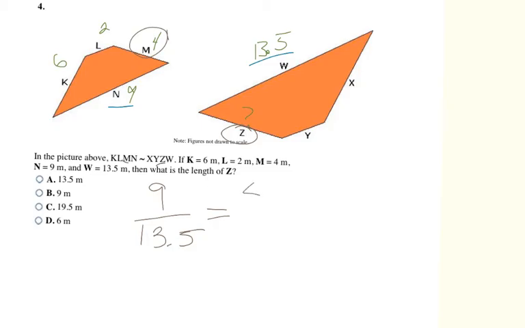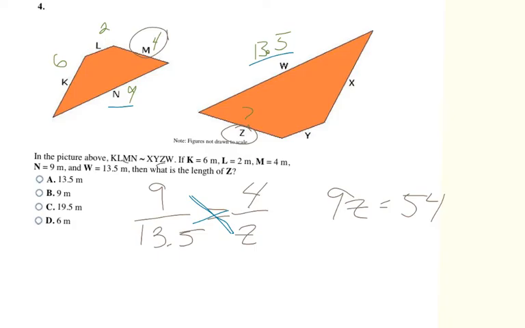So I put the first shape side on top, and then you could use Z or you could use X, whatever letter you want to solve for on the bottom, that missing side that we need to know. So to solve a proportion, you cross multiply and divide. So I'm going to take 9 times Z is 9Z, and then 13.5 times 4 is 54.